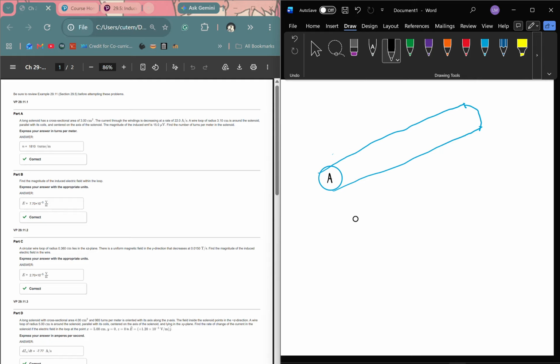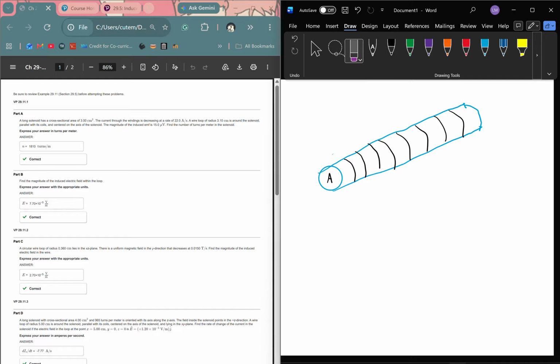So a circular wire loop around the solenoid. This is the best way I can do it. The circular loop is going around basically, and that's the cross-sectional area.